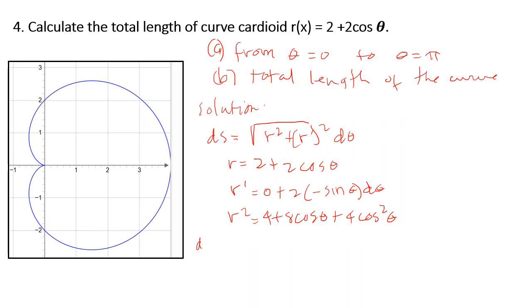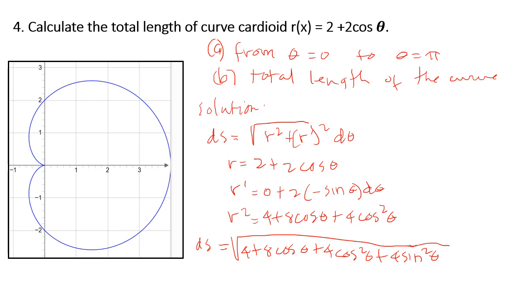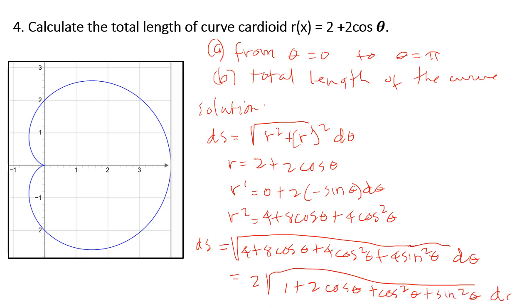So your ds equals the square root of 4 plus 8 cosine theta plus 4 cosine squared theta plus 4 sine squared theta d theta, which equals 2 times the square root of 1 plus 2 cosine theta plus cosine squared theta plus sine squared theta d theta.